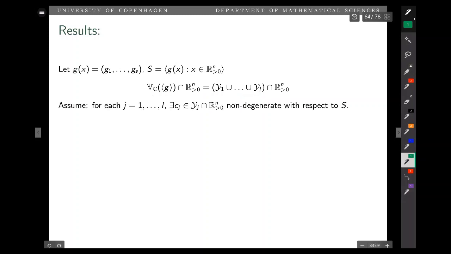Well, the hypothesis that I need is the following. I need that for each of those irreducible components, there is one point there which is non-degenerate with respect to S. So there is one point there where the Jacobian has maximal rank and the tangent space cuts the stoichiometric space nicely.